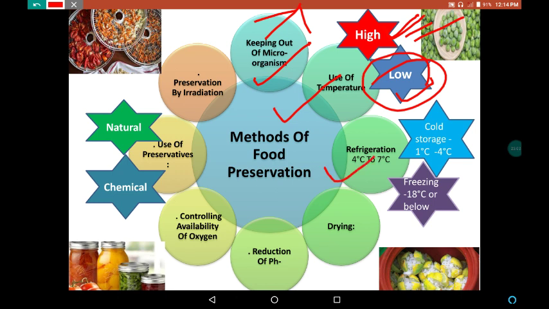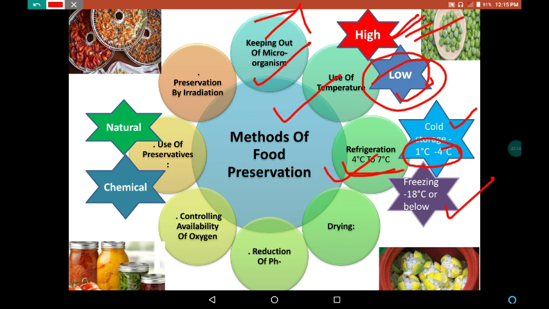Another method is refrigeration. Refrigeration means storing food at 4 to 7 degrees centigrade. Further, there are two types of storage, cold storage and freezing. Cold storage is the storage of food products between 1 degree centigrade and 4 degrees centigrade.